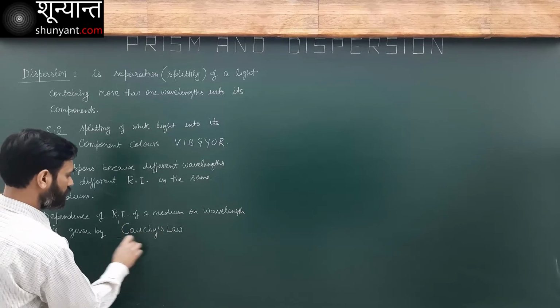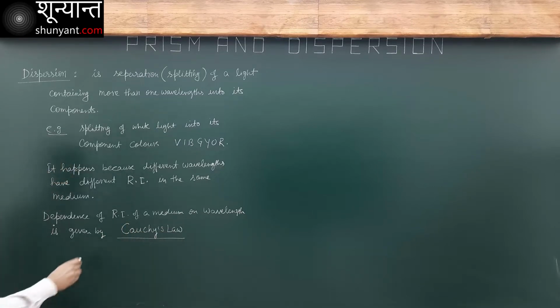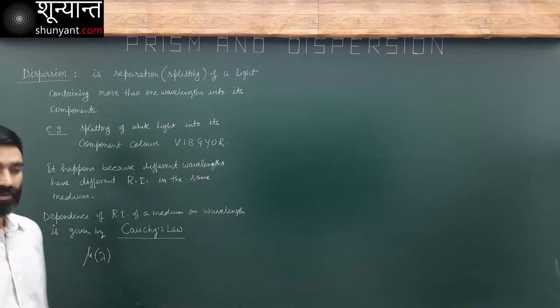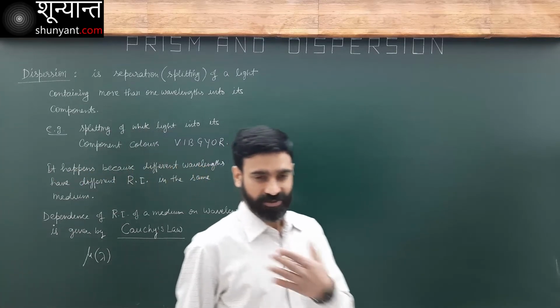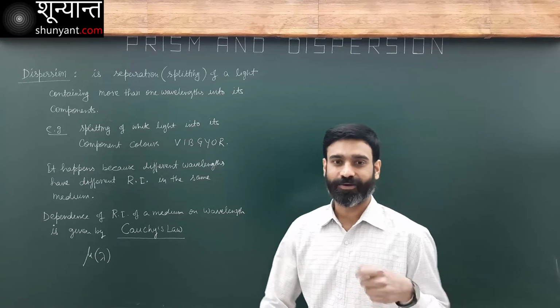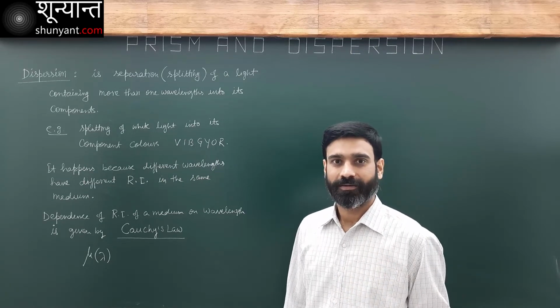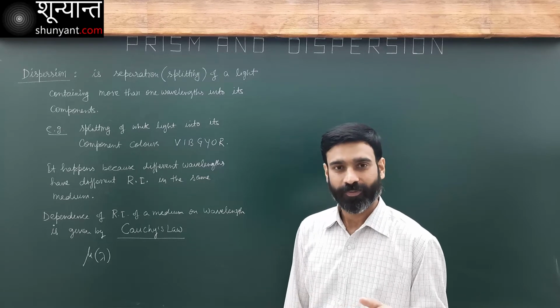What is this Cauchy's law? It says that refractive index depends on the wavelength. First of all, this itself is a very interesting concept. For example, water. Refractive index of water is 4 by 3.